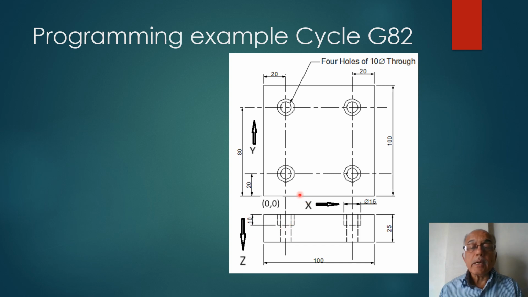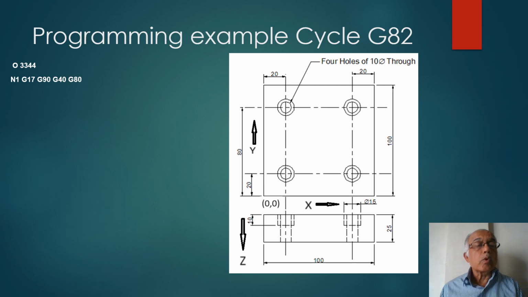So we'll start making this CNC program for cycle G82. First is the program number. In FANUC control, O is the code for program number. A maximum of 4 digits can be given as the program number. N1 is block number 1.